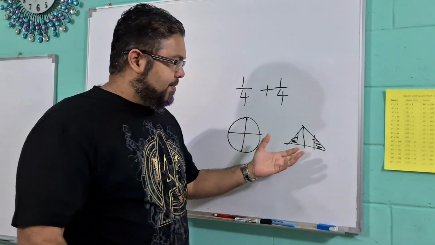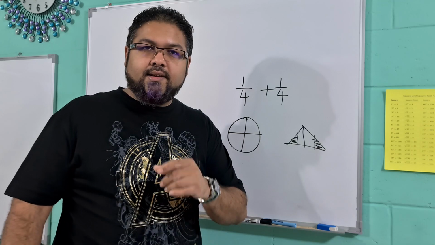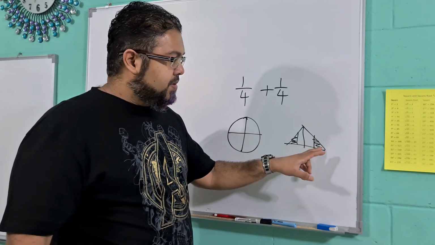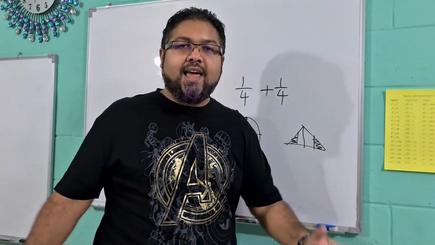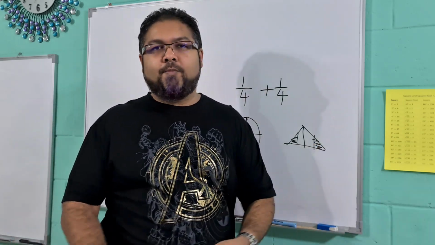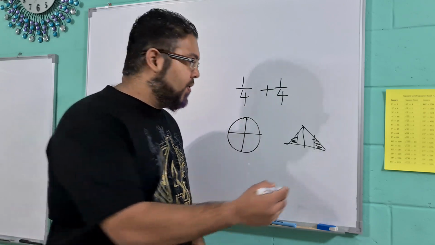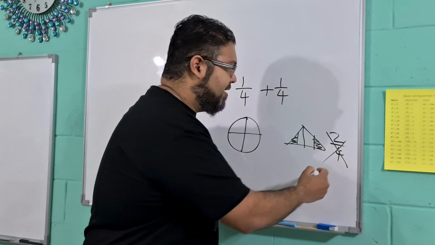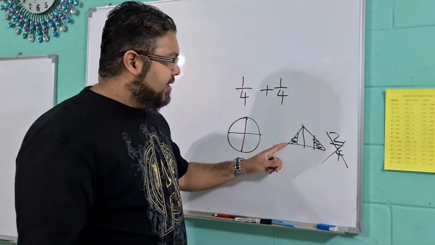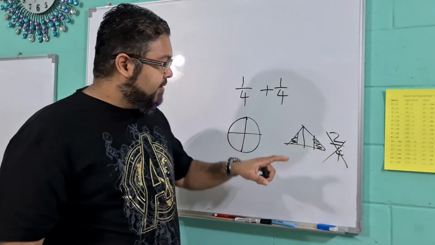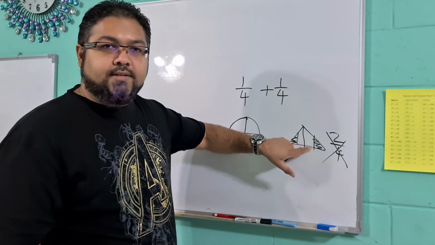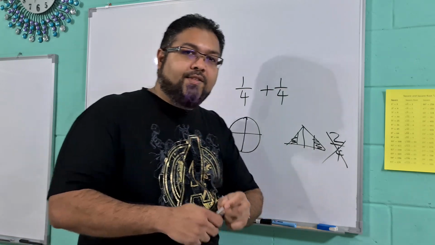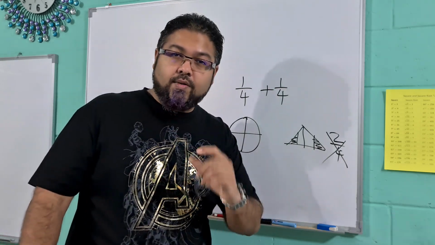We have a triangle divided into four pieces, and two parts are shaded. I ask the students what fraction this is, and they say, sir, 2 out of 4. I say no, these aren't equal slices. The area of this piece is greater than the area of that piece. Therefore, the pizza example works really well because we have equal slices.